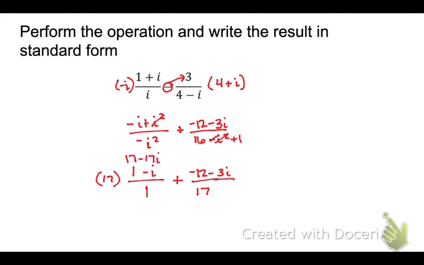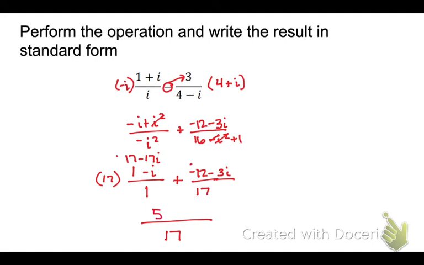Correct? Yeah. Okay, so my common denominator is 17. And I have 17 minus 12, which is 5.